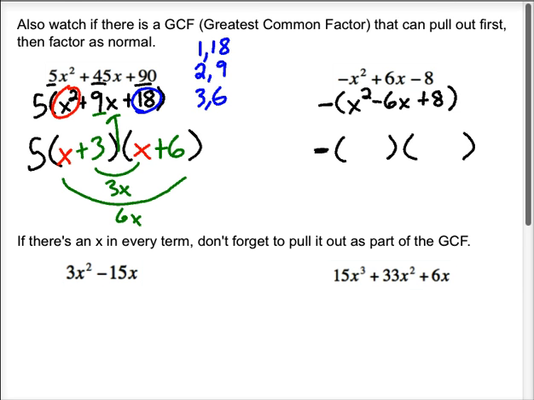Now I have a quadratic trinomial. So x squared comes from x and x. 8 comes from 1 and 8, or 2 and 4. Now here's that kind of fun case where, notice, I'm multiplying to a positive 8, but I'm combining to a negative 6x.